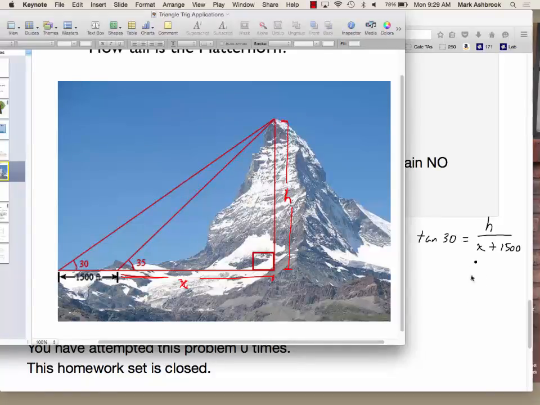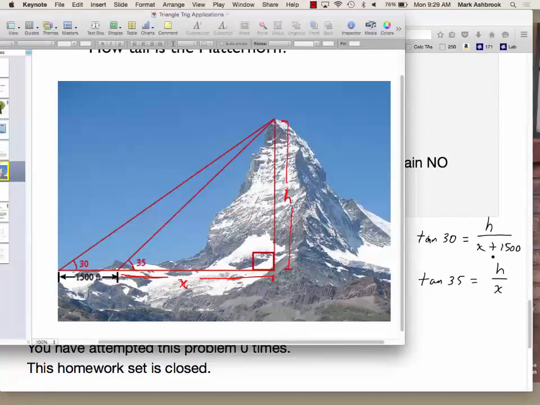Yeah, Brock. You can do tangent of 35. Tangent of 35 equals H over x. And then from there you can do x plus 1500 minus tangent of 30 is equal to x times tangent of 35. Good. So now you're right.